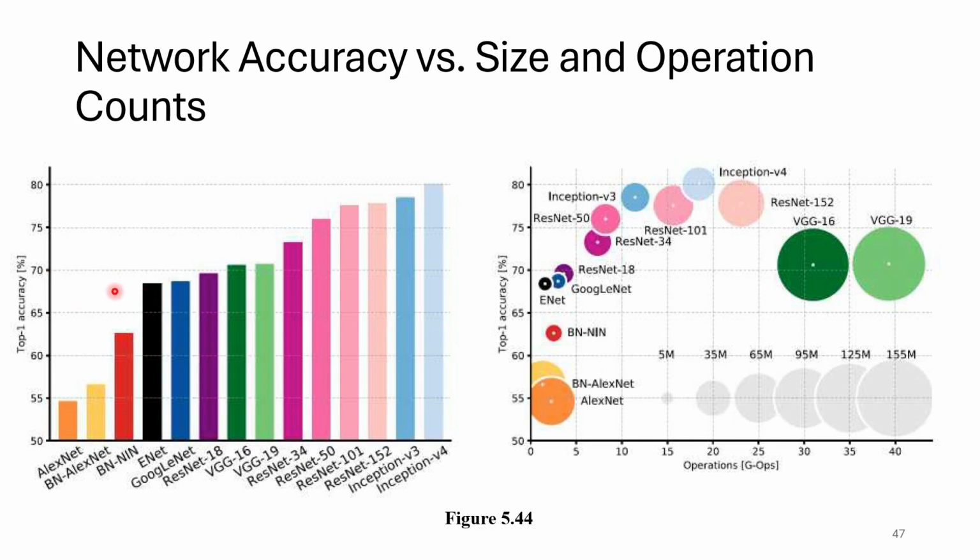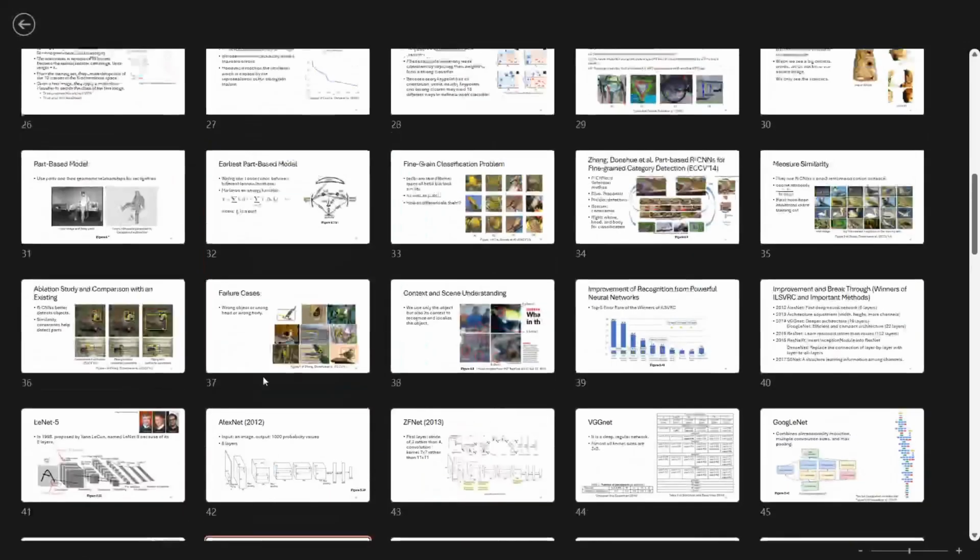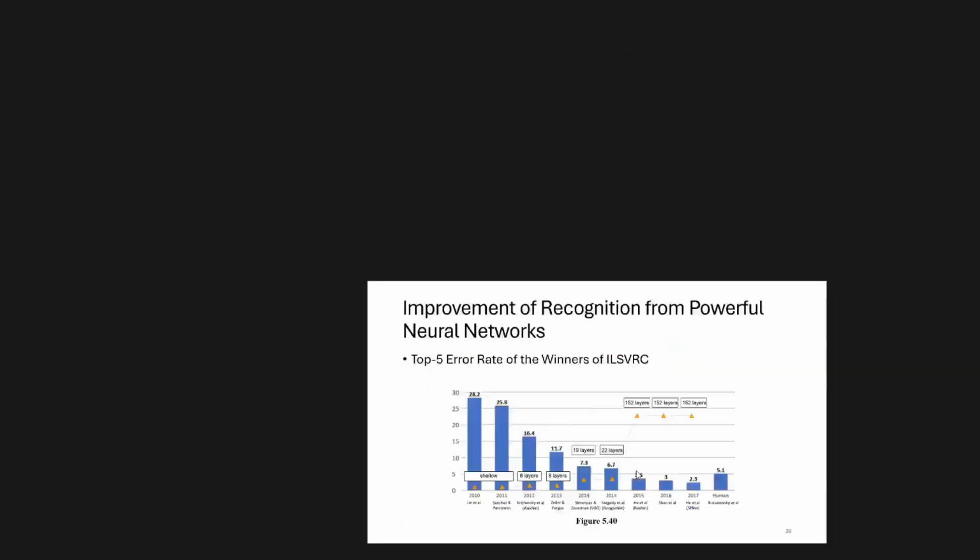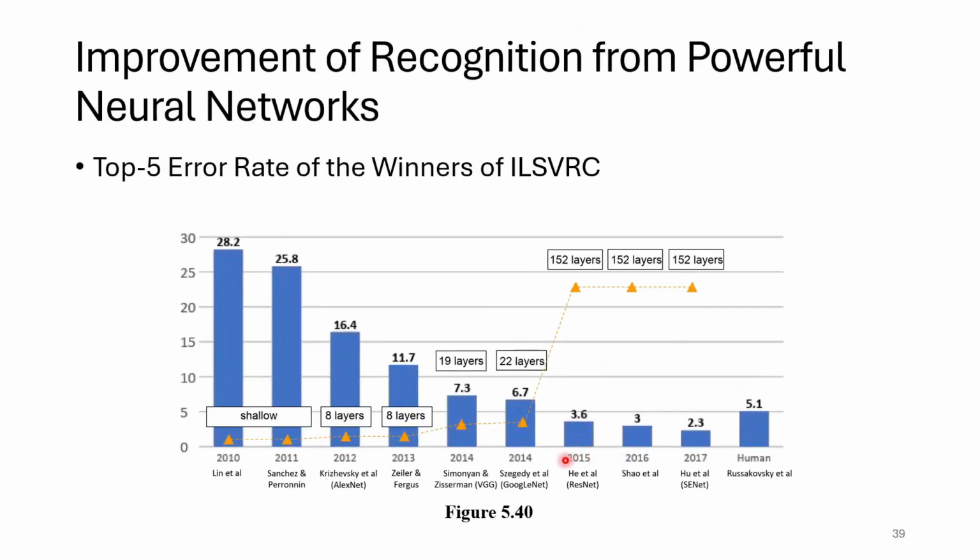I need to clarify here. Here you see the top one accuracy, right? You see GoogleNet, I think, is here. It is around not less than 70. But if you see this chart, you will see the achievement of GoogleNet is around 6.7. Why are they different?